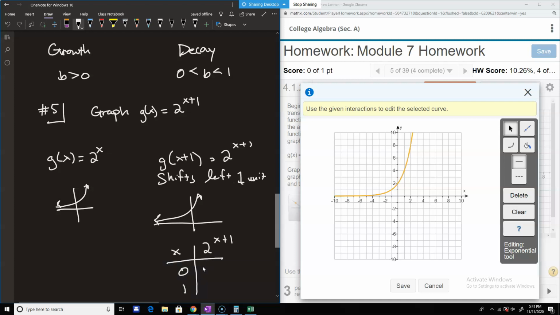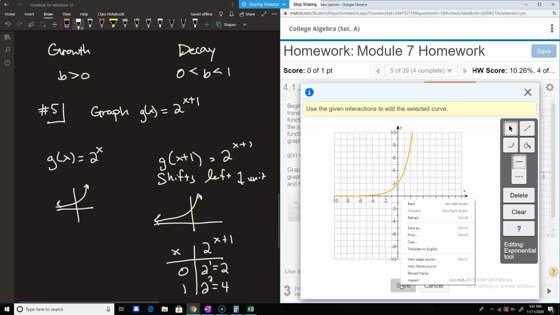If you plug in 0, you will get 2 to the 0 plus 1, which is 1. You should get 2. And if you plug in 1, you should get 2 squared, which is 4. So on our graph right here, if you go to x equals 0, you see the y value above it is 2. And if you go to 1, you see the y value above it is 4. So we do have the correct graph there.